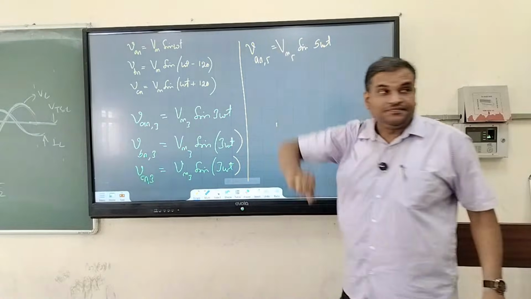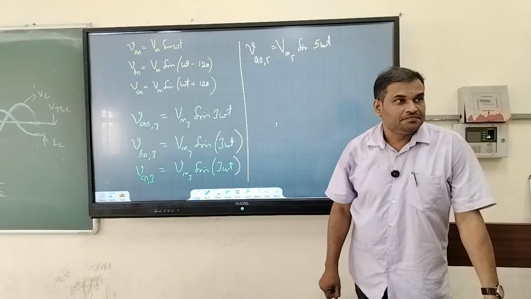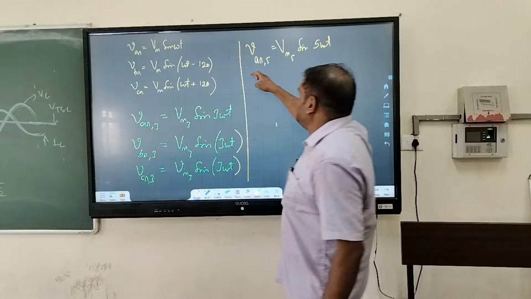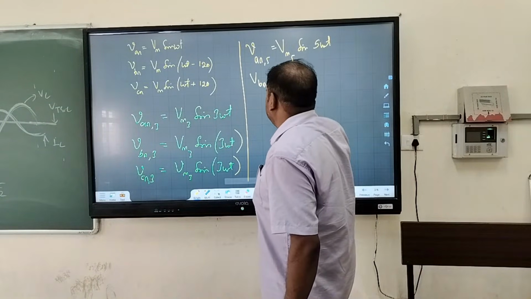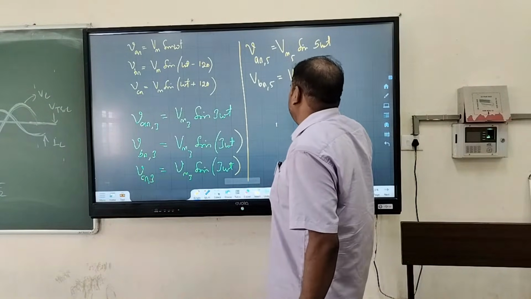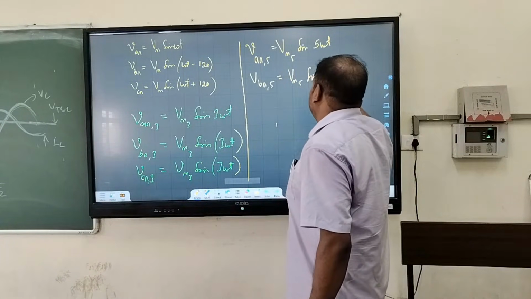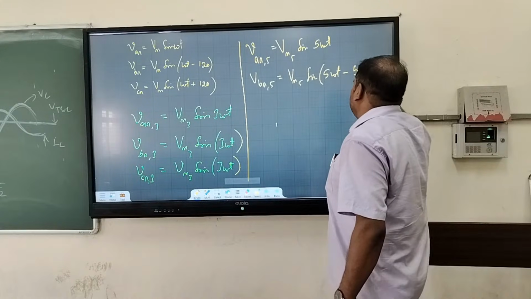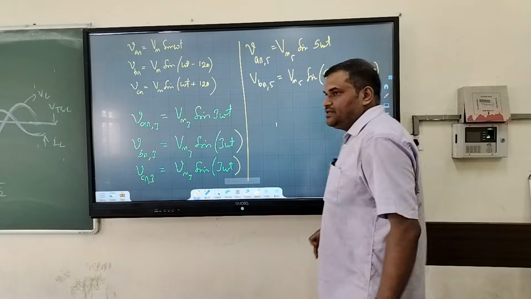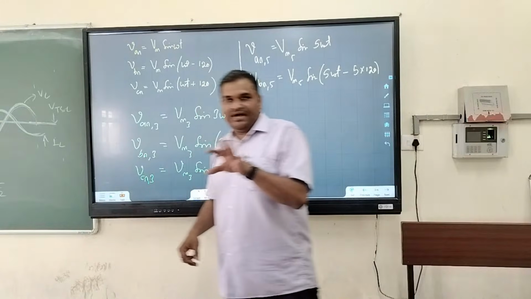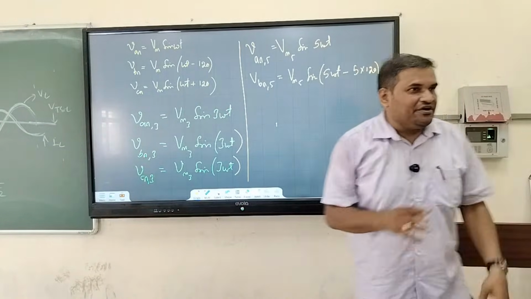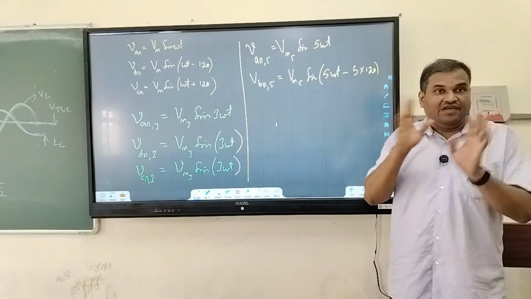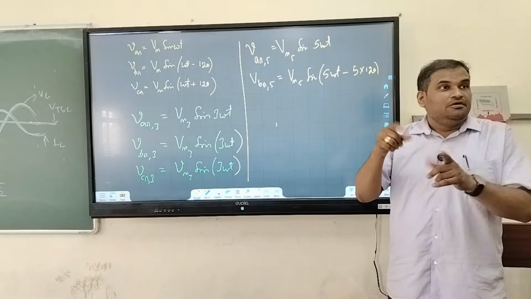Similarly, VBN5 is equal to VM5 sine of 5 omega t minus 5 into 120. 5 into 120 means how much? 3 into 120 is 360, and the other 2 is 240.